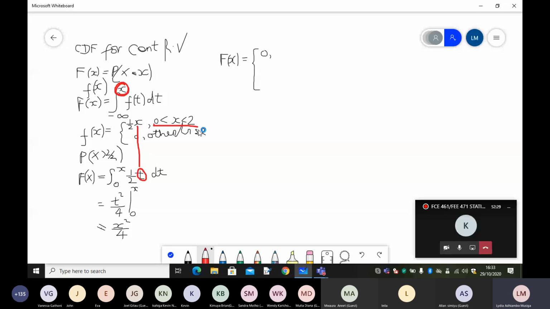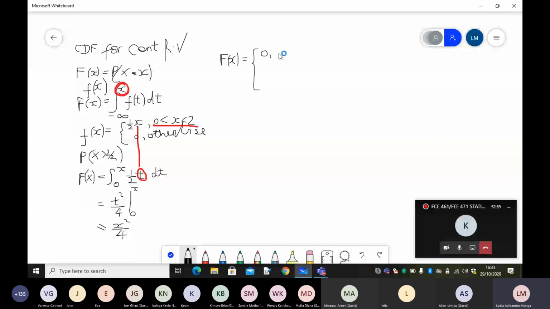So before 0, the cumulative distribution function should be 0. We denote that region, on the left of 0, by saying x is less than 0.